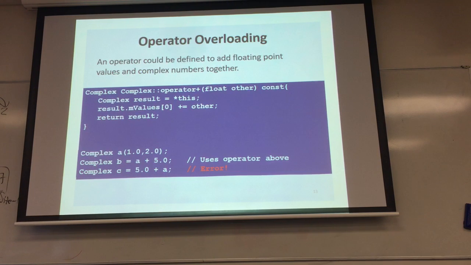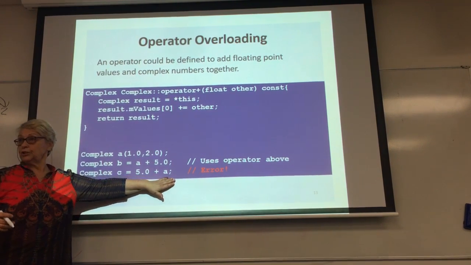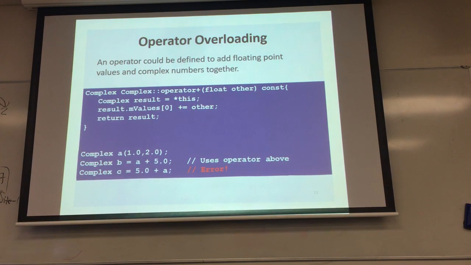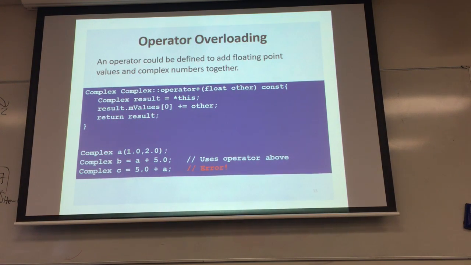And it's fine. But the next statement is an error, which shouldn't happen because addition is commutative. If you are allowed to do A plus 5, you should be allowed to do 5 plus A. Therefore, the next one, which will say float value 5.0 dot operator plus on A, doesn't work.